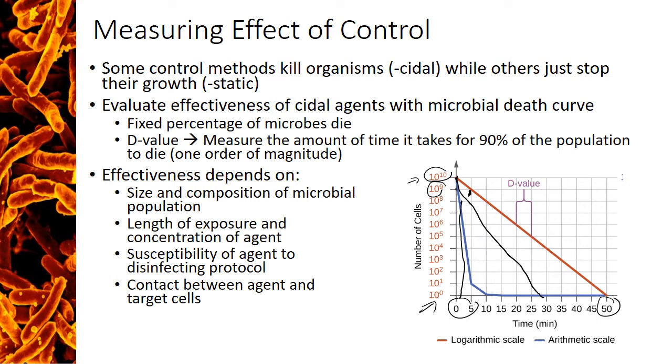It's why we have to wash items before we sterilize or disinfect them, because if you don't wash them and they've got organic material, so dried blood or maybe tissue on there, that blood is going to get in the way between the disinfectant and the bacteria, and the bacteria aren't going to be killed. We also see this with biofilms. It's very difficult to destroy biofilms and control them because the EPS of the biofilm prevents the contact that we need between the control mechanism and the actual cells themselves.